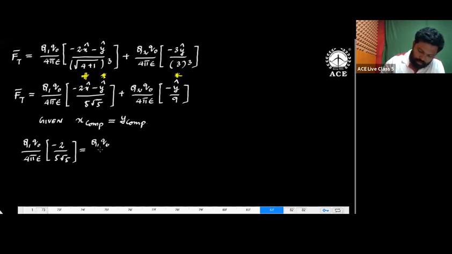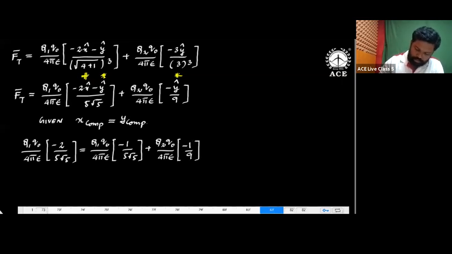Q1 into Q naught divided by 4 pi epsilon, times minus 1 divided by 5 root 5, plus Q2 into Q naught divided by 4 pi epsilon, times minus 1 by 9. Just cancel out the signs, it will become plus, plus, plus.